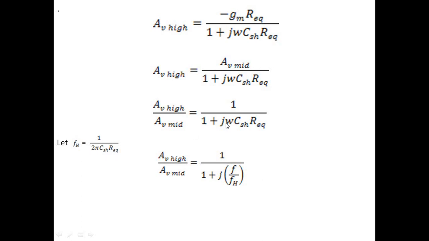Writing j 2 pi F CSH R equivalent, and since FH is equal to 1 by 2 pi CSH R equivalent, you get F divided by FH. So AV high by AV mid is equal to 1 divided by 1 plus j into F divided by FH. Calculate the magnitude of AV high by AV mid, which is equal to 1 divided by the square root of 1 plus (F by FH) whole squared. Calculate this at F equal to FH.